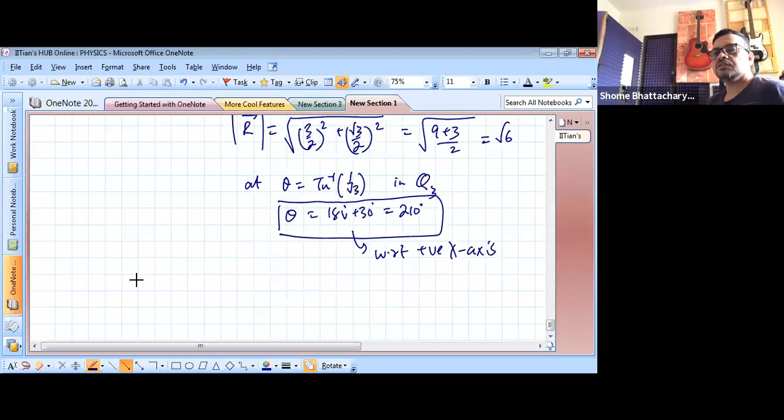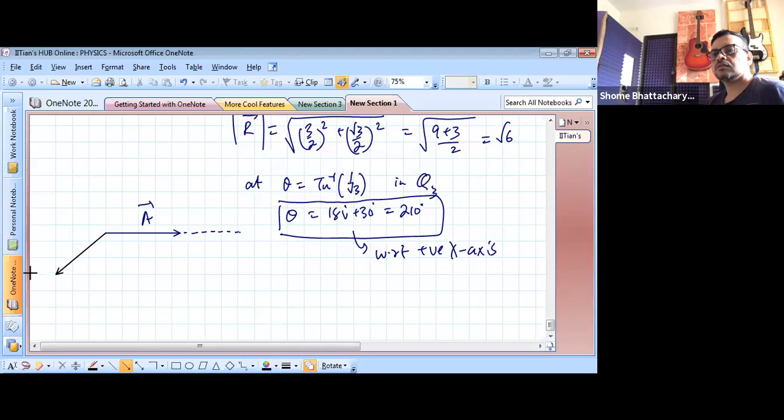So that means if this was a vector E, which was along the x-axis, then the resultant of these three vectors is somewhere like this, where this angle is 210 degrees.